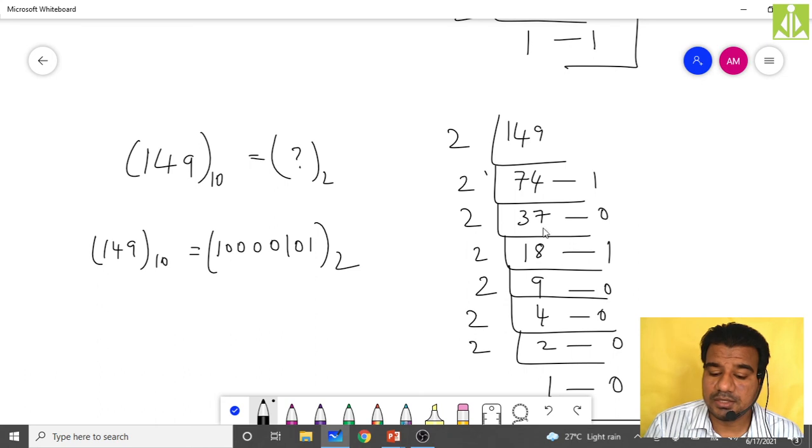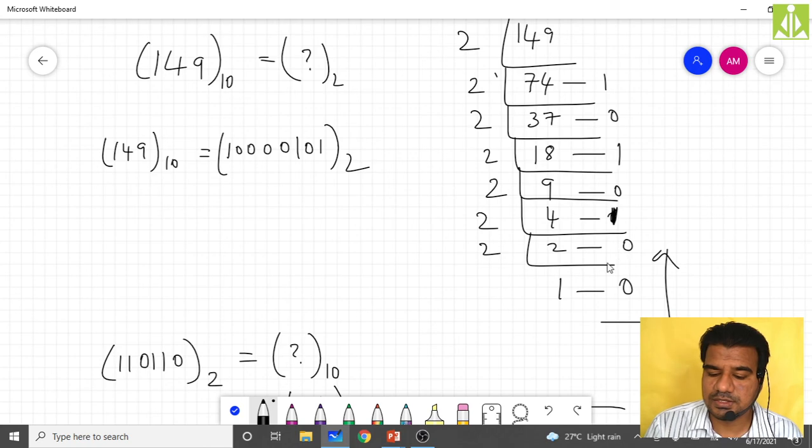Okay, 37... 2 eighteens are 36, so the remainder is 1. Correct. 2 nines, remainder 0, 2 fours, here it must be 1, because the remainder you will get is 1. So 2 twos, 0, 2 ones, 0. So here is some mistake. Where is that mistake?